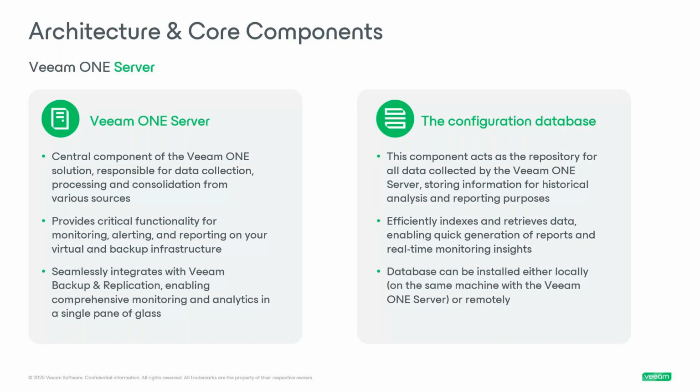This is what efficiently indexes and retrieves the data for quick reporting and real-time monitoring. The database can be installed either locally on the same machine as the Veeam ONE server or remotely.